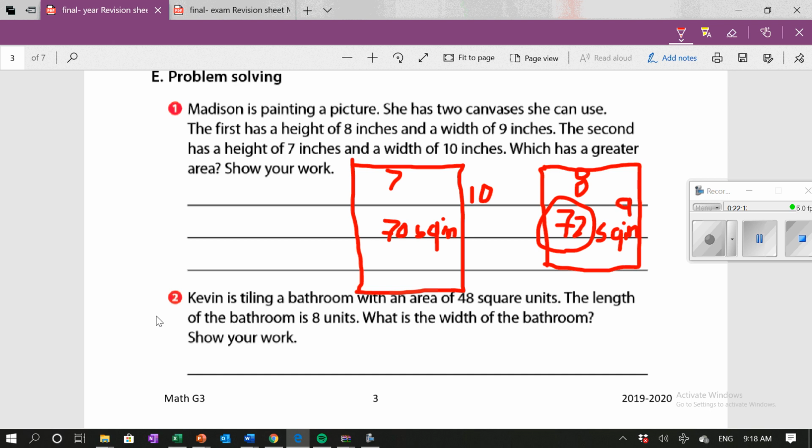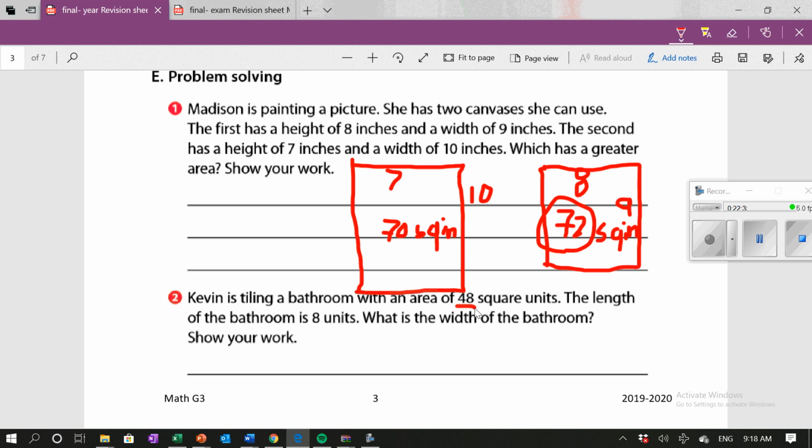Number 2, Kevin is tiling. You remember the meaning: when I'm tiling a flat surface, that means I cover it with squares. Kevin is tiling a bathroom with an area of 48. So I already have the area, 48 square units.